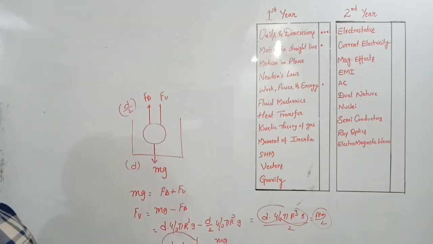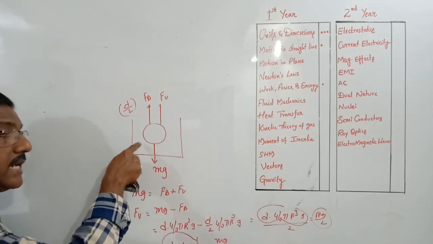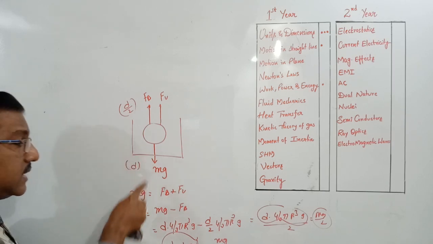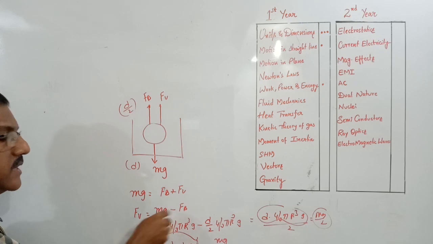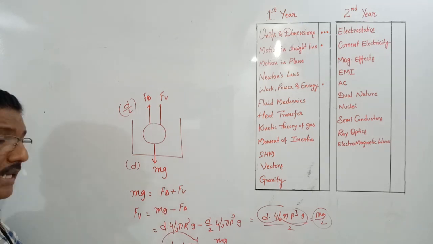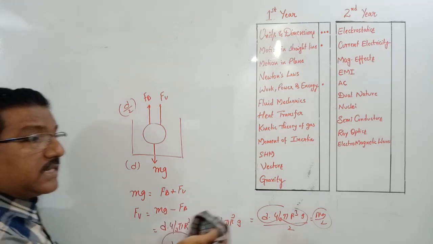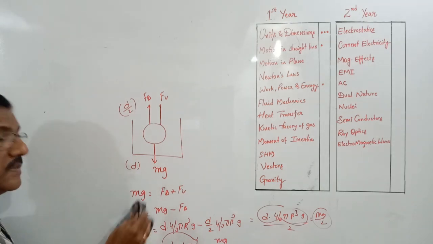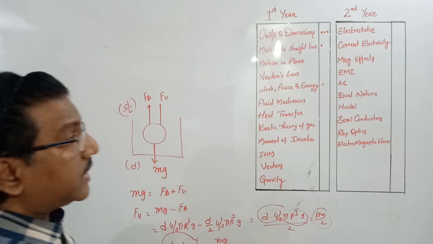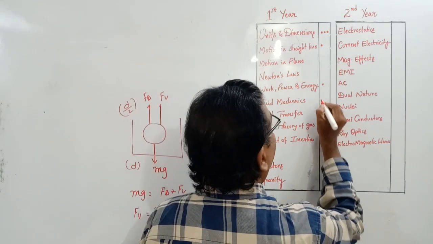What is the viscous force? And it attains terminal velocity, he said. So resultant force becomes 0. F is equal to mg minus fb. Mass is density, fb is d by 2. Then what is it? Mg by 2. No need to do this much. I have to keep going now.